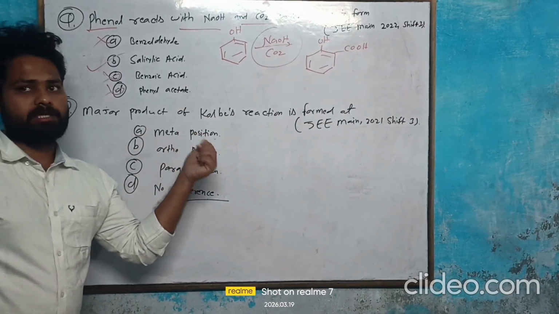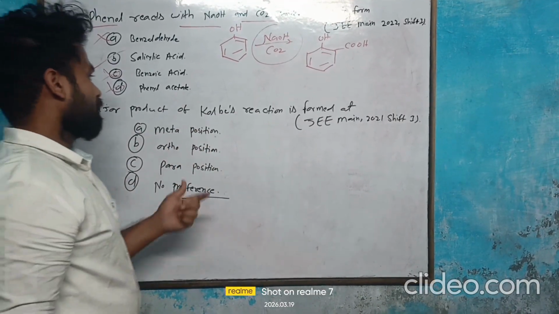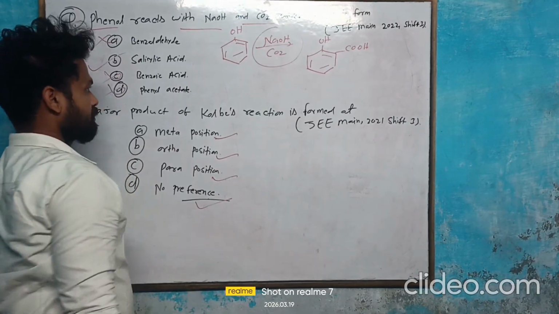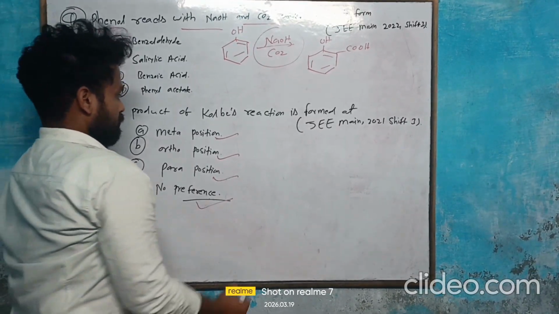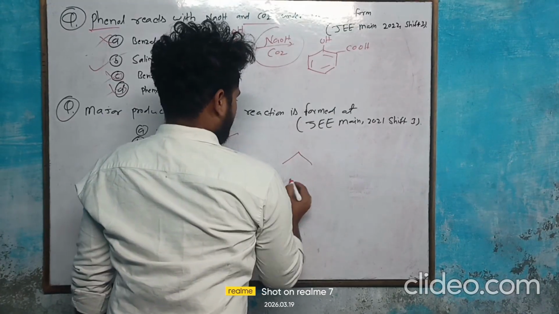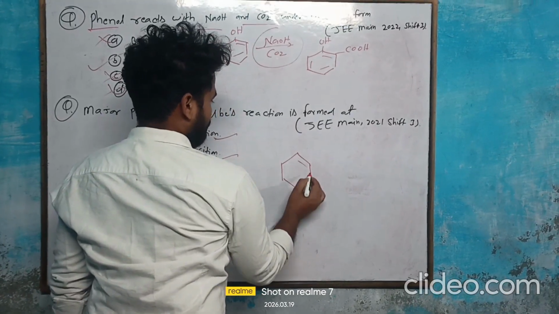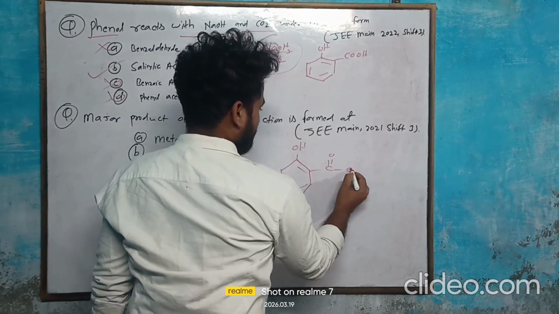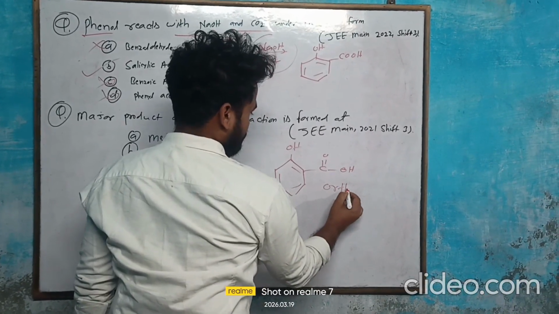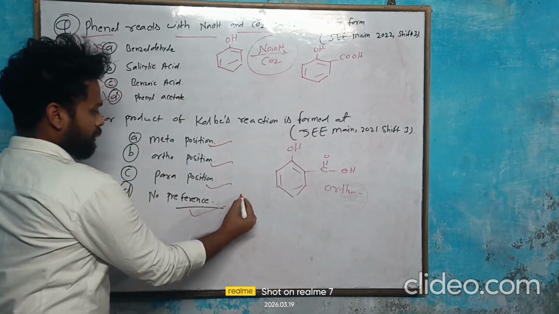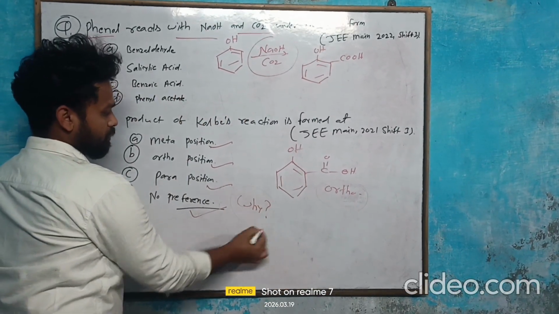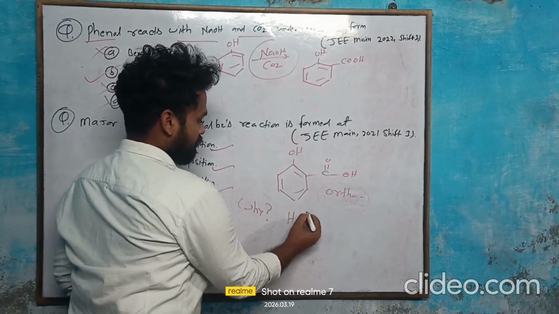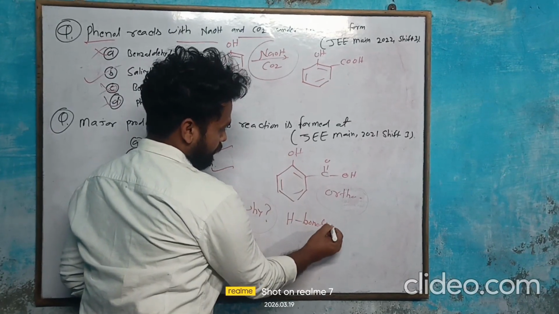Major product of Kolbe's reaction. Which will be the major product? Meta, ortho, para, or no preference. In Kolbe's reaction, the product is this, and this is called the ortho position. Why ortho position? Why is ortho the major product? Here again the reason is hydrogen bonding.